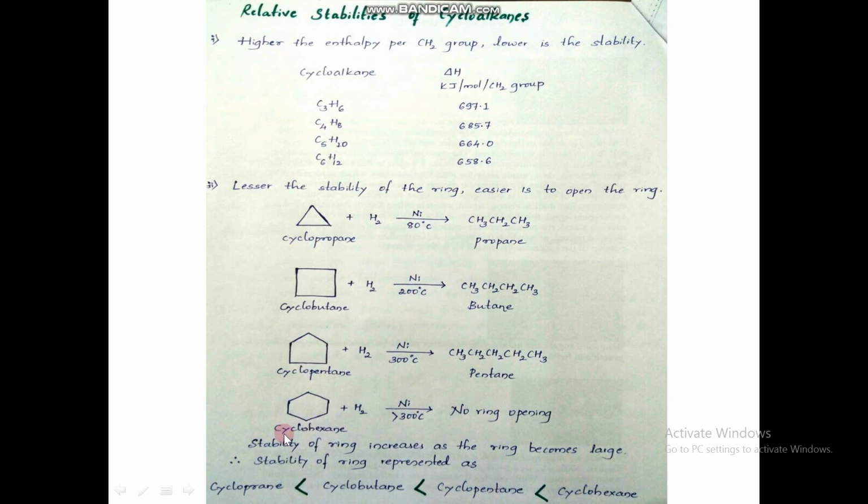So the stability of the ring increases as the ring becomes larger. Therefore, cyclopropane is less stable than cyclobutane, cyclobutane is less stable than cyclopentane, and cyclopentane is less stable than cyclohexane. So this is about stabilities of cycloalkanes.